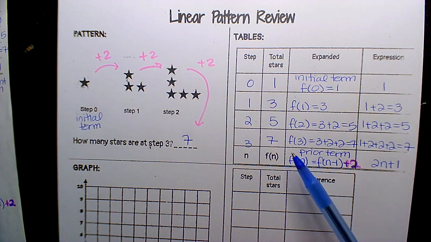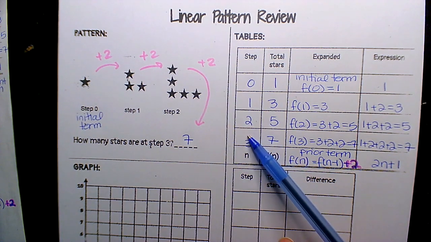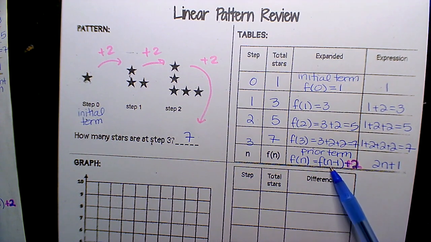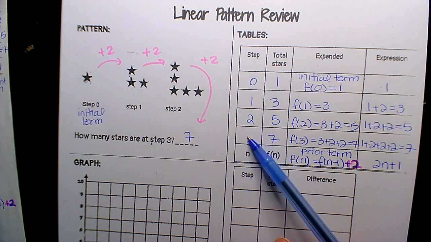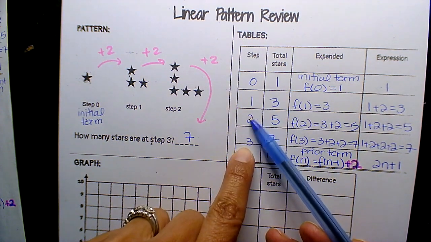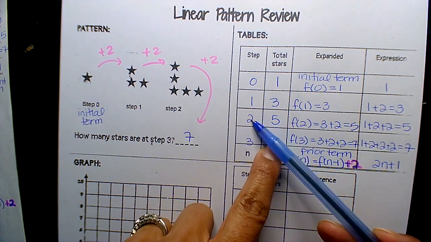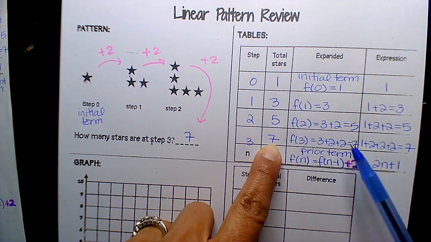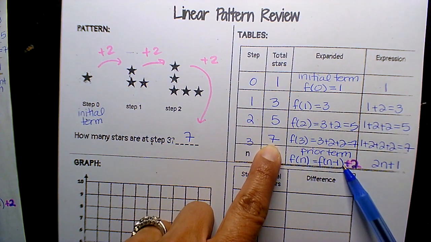If I want to know how many stars are in the third drawing, I look at f of n minus 1. Well, what's 3 minus 1? 2. So I look at the one prior and add my 2 stars, and so 5 plus 2 is my 7.